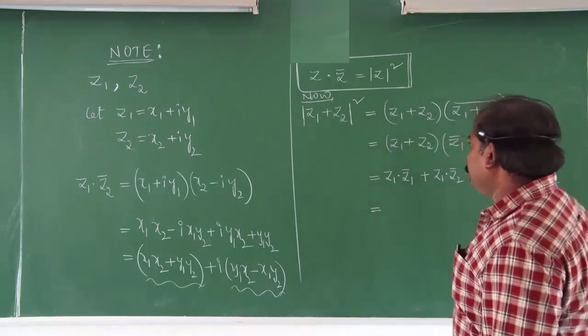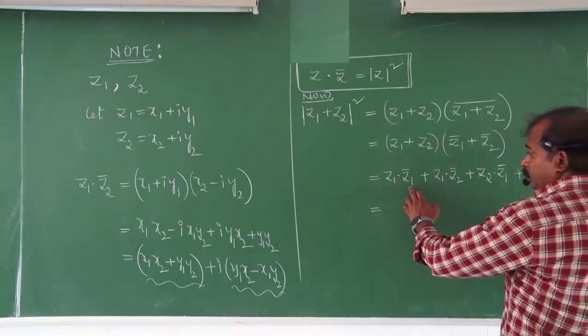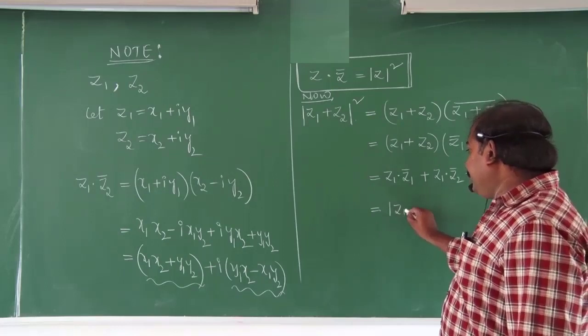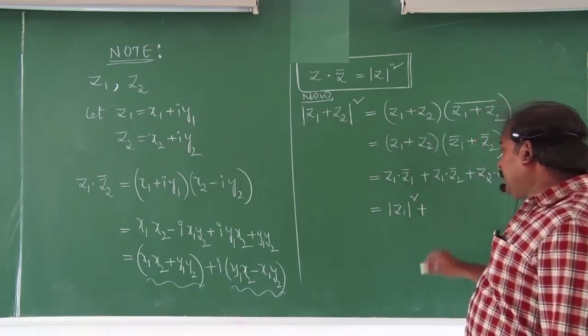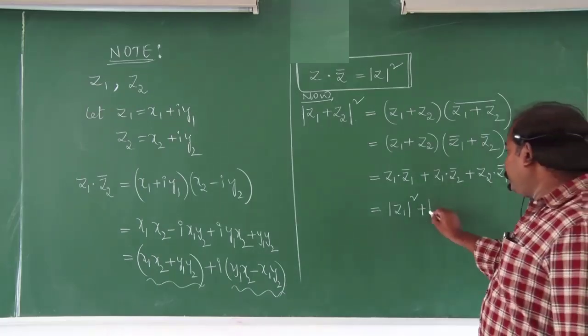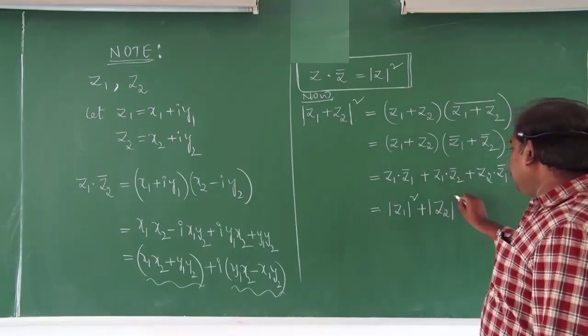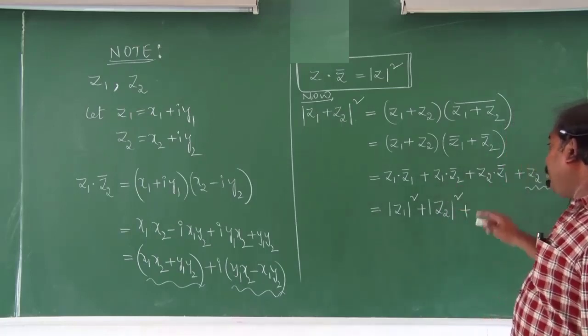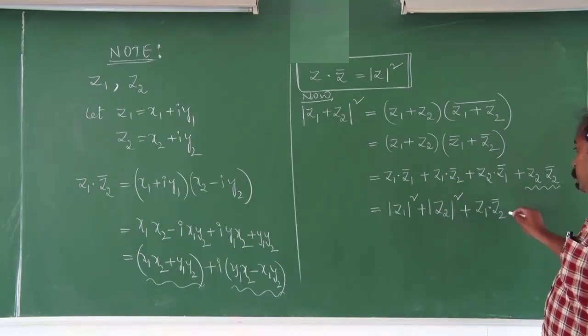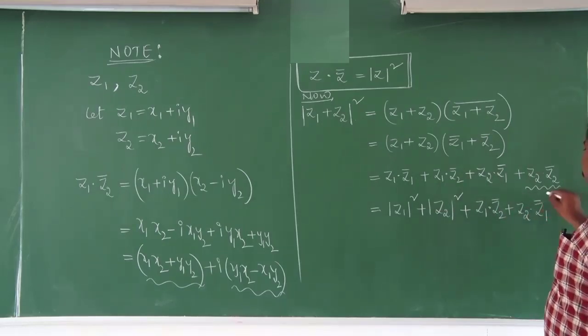Now this equals z1 into z1 conjugate, which is modulus of z1 square, plus z2 into z2 conjugate, which is modulus of z2 square. The remaining value is z1 z2 conjugate plus z2 z1 conjugate.